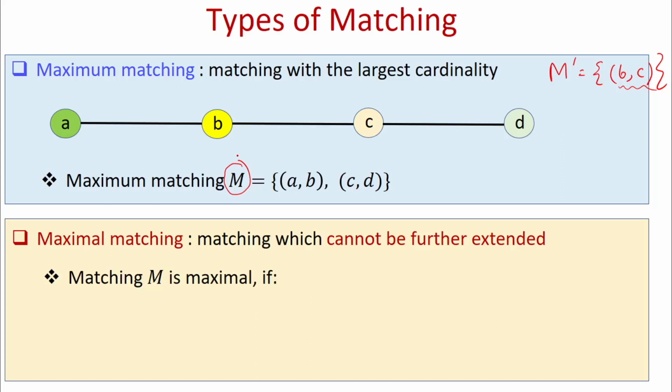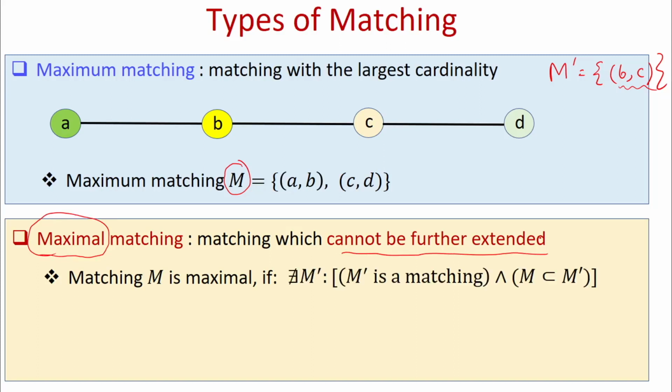However, the matching M prime is a maximal matching. So there is a difference between maximal matching and maximum matching. What is a maximal matching? A maximal matching is a matching which cannot be further extended. What do I mean by cannot be further extended?